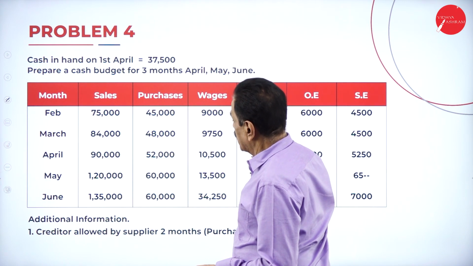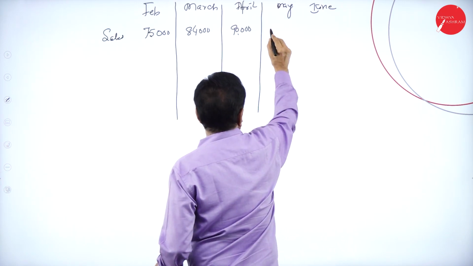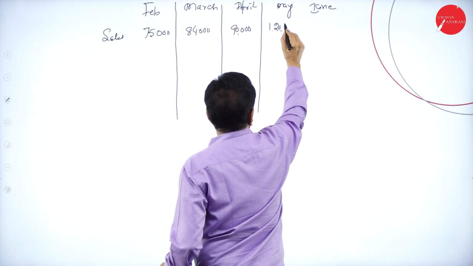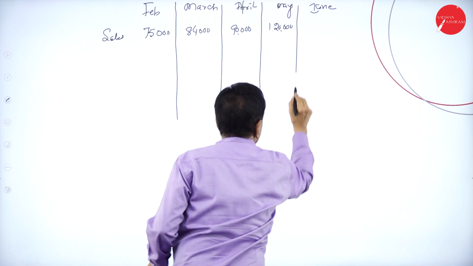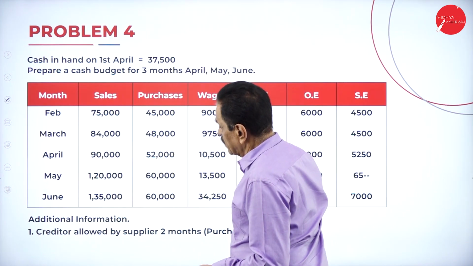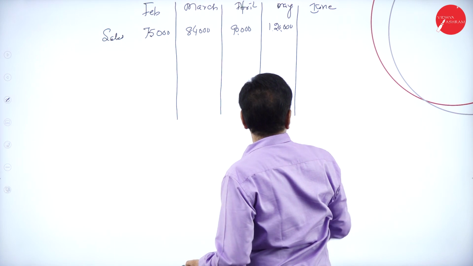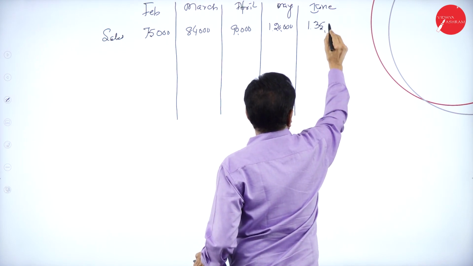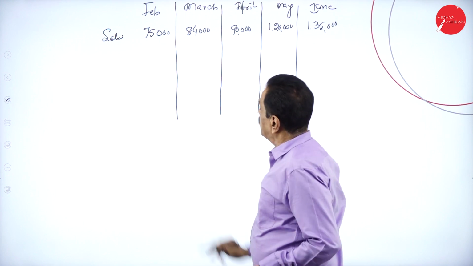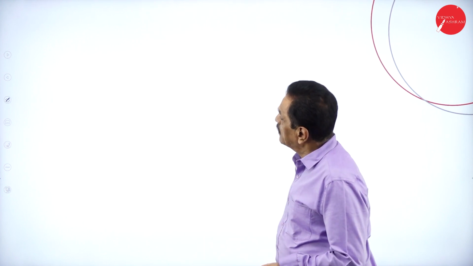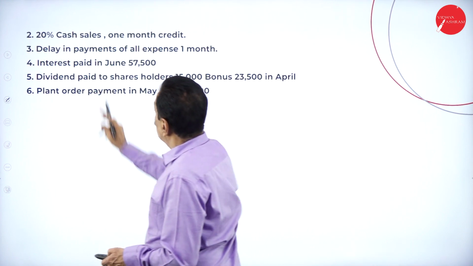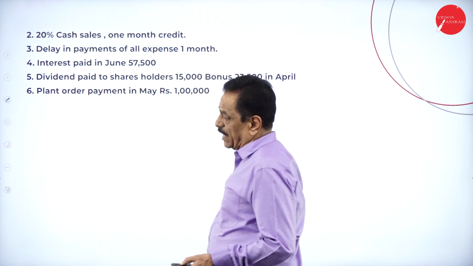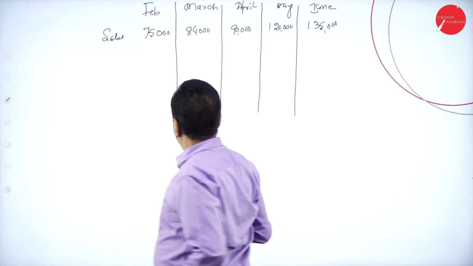May, 1,20,000. June, 1,35,000. This is the sales that they have given. See what the problem says: 20% are cash sales, and the rest is on credit.